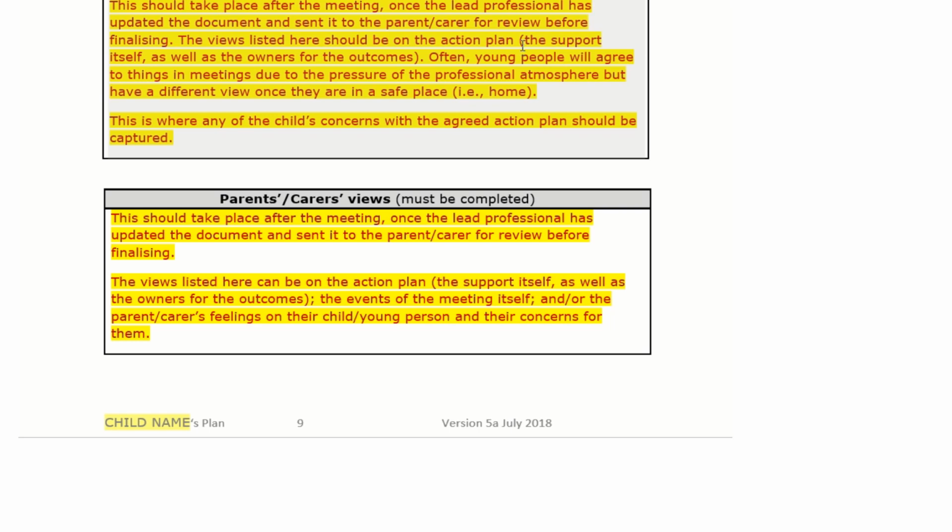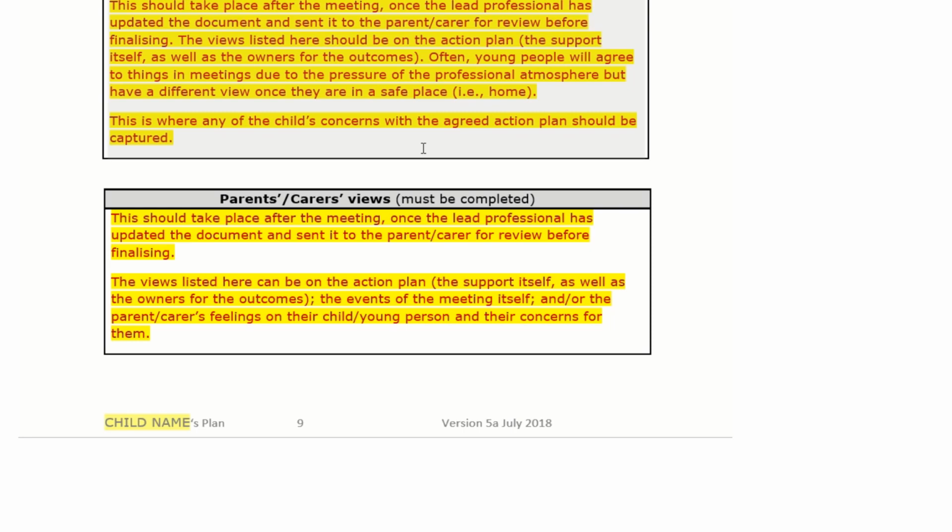So this is about after. So we say here, often young people will agree to things in a meeting due to the pressure of the professionals and the atmosphere of the meeting. But once they're in their safe space and at home, they might say, that's never going to work. This isn't right for me. Or I really like this, or this is right for me, but I don't know if I can work with that person.